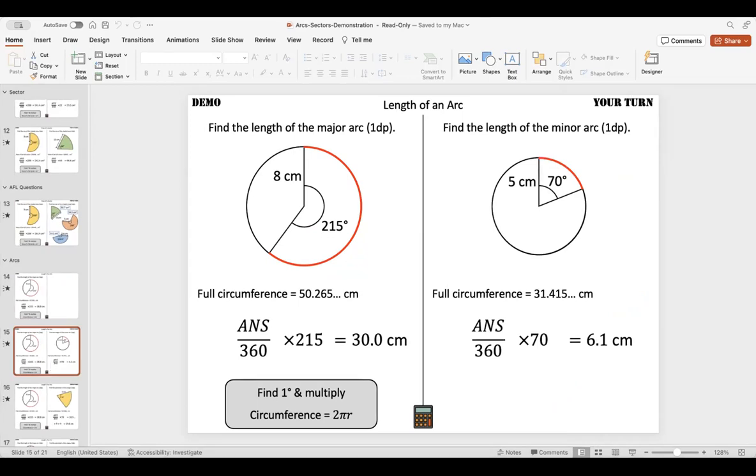So that's how to find the area of a sector.